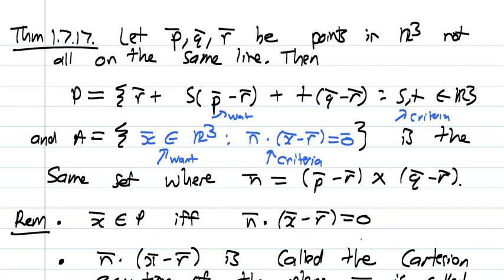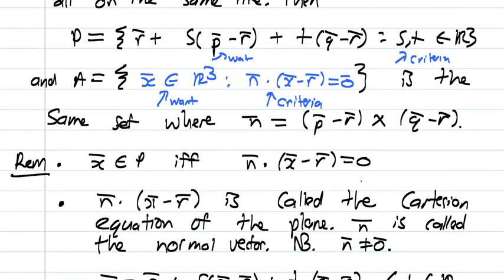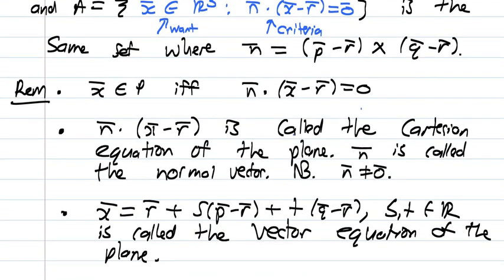Because you will show, if you try it, that set P and set A is the same set, so it is the same plane. Now, why this is important to us is that n dot (x minus r) equal to 0 is called the Cartesian equation of the plane. So if you simplify it, you will get a single equation, and it's called the Cartesian equation of the plane that you are studying.